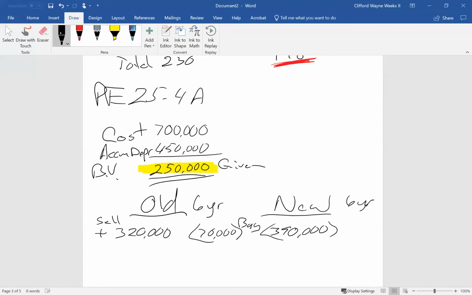However, when we look at the labor cost for this old piece of equipment, it's $75,000, where the new is 61, which is a cost savings of $14,000.